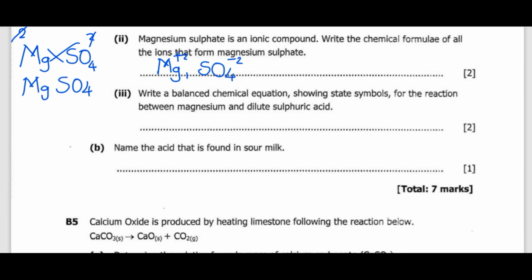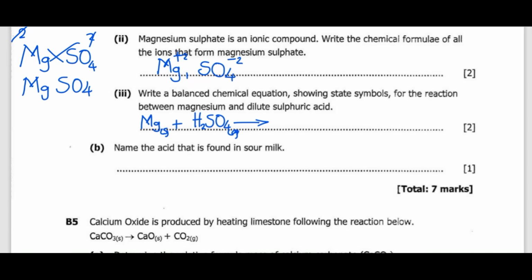Write a balanced chemical equation showing state symbols for the reaction between magnesium and dilute sulfuric acid. So magnesium is Mg solid, plus sulfuric acid is H2SO4 aqueous.